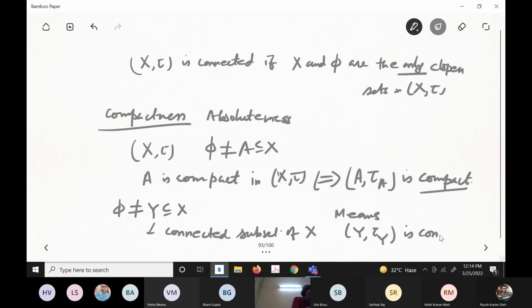For connectedness, you will have to go to its relative topology. There is no way to link that. Y with tau Y is connected, not Y with respect to the original topology. That means the open sets I am taking for the splitting have to be open with respect to this relative topology. So be careful about this definition of connected subset.